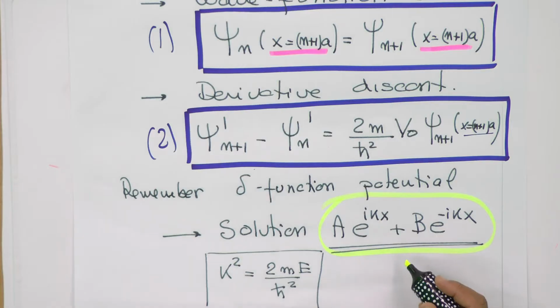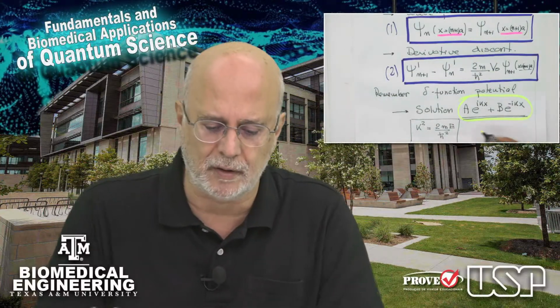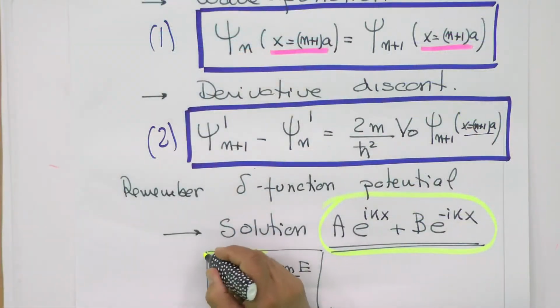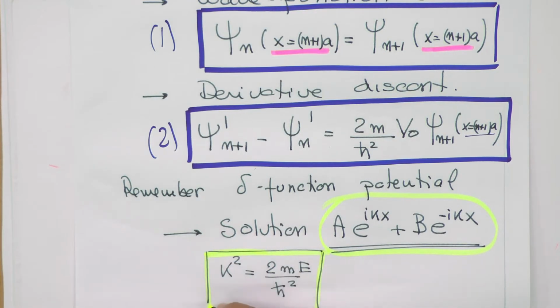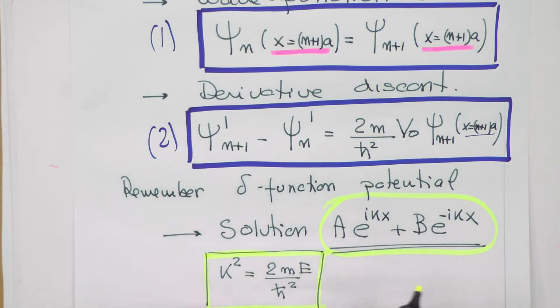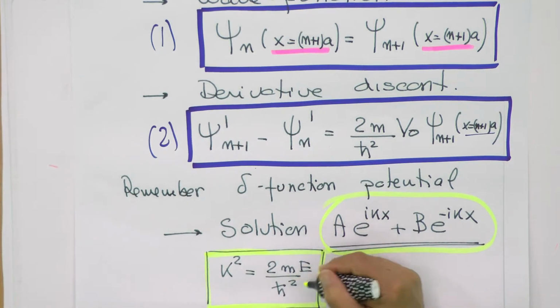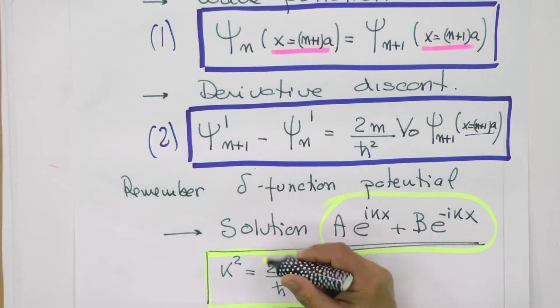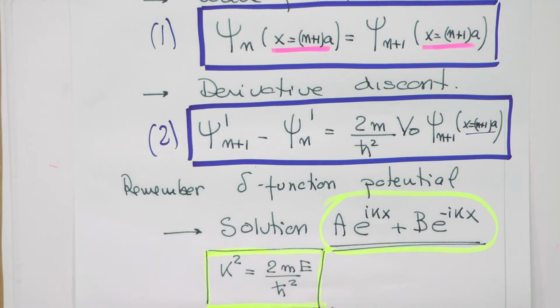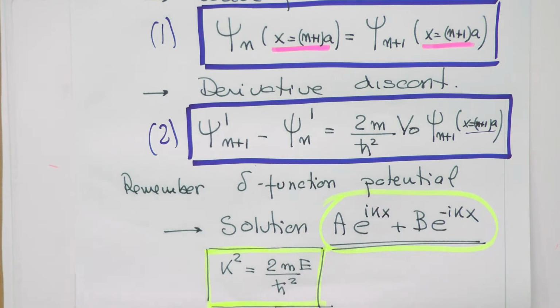And who is k? If you recall when I solved the delta function, k squared is equal to 2m divided by h bar squared times the energy. When I have a delta attractive potential, we need to put a minus somewhere to have a negative energy, a bound state, to make sure that things work. And then I get a real exponential, not a complex exponential.